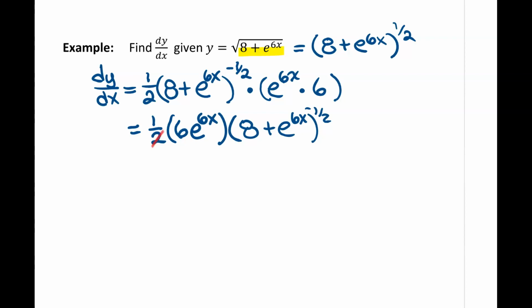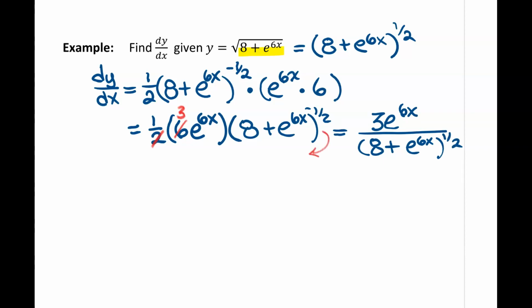So here I'm going to take 1/2 of 6 and I'll make that a 3. So let's keep going here. So I'm going to end up with this 3e to the 6x. Let me take this negative 1/2 power and bring this to the bottom, and then I can make that power a positive 1/2. Okay, so what happened was this all just floated down to the bottom here.